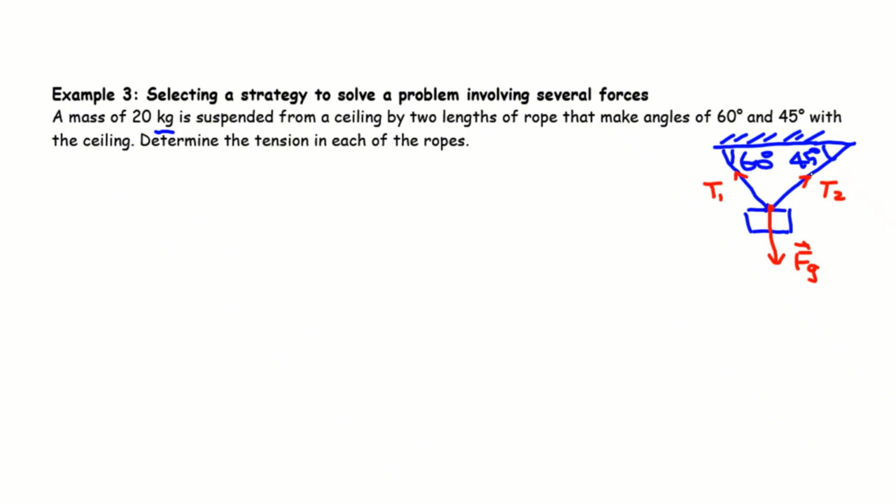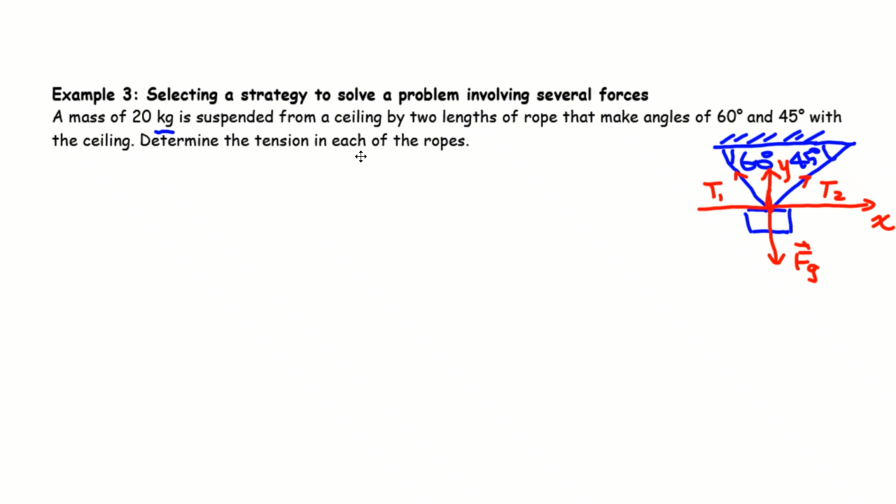So we have 3 forces here, and we want to draw the xy coordinate system. So this is the x direction, and y is just the vertical direction. This is the y direction.